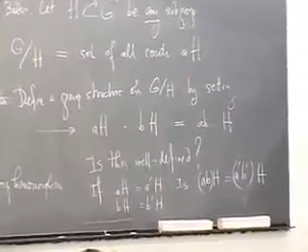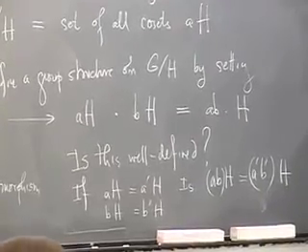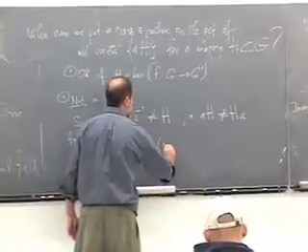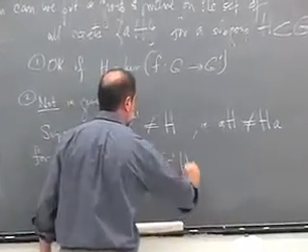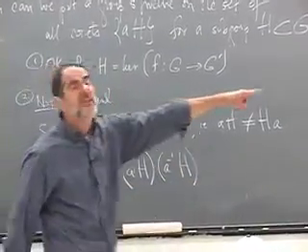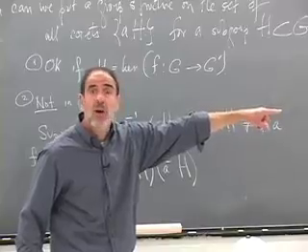Because let's multiply the coset AH by the coset A inverse H. Under this definition, it would get me what coset?